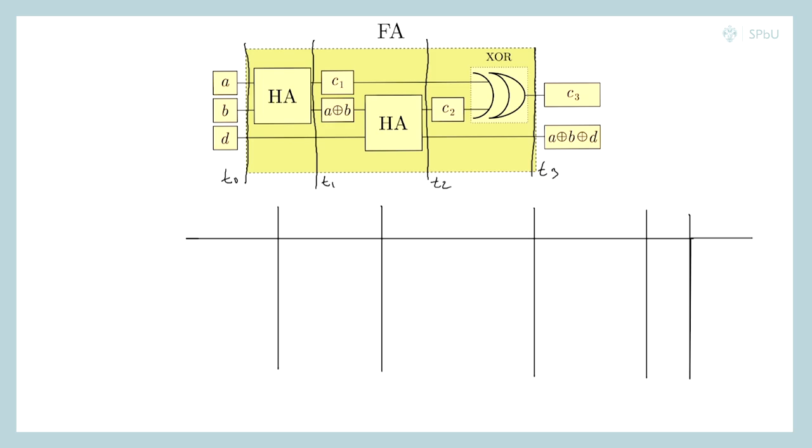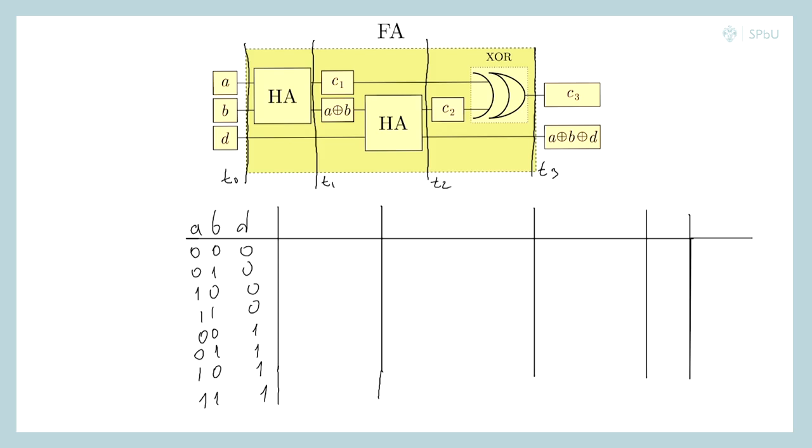So we have bits a, b, and d at the input, and let's consider all possible variants of the values of these bits. 0, 0, 0, 0, 1, 0, 1, 0, 0, 1, 1, 0, 0, 0, 1, 0, 1, 1, 1, 0, 1, and 1, 1, 1.